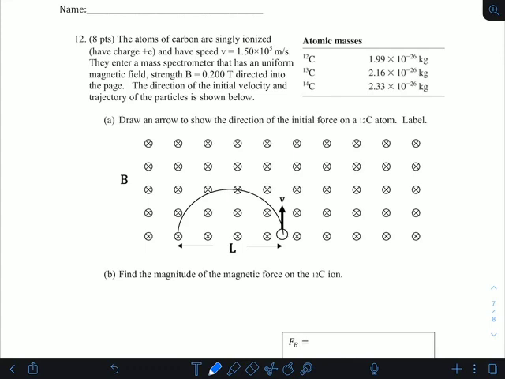In problem 12, we have particles traveling in a uniform magnetic field. And remember, when you have a velocity that is perpendicular to the magnetic field, then the motion is going to be uniform circular motion, because the force is always going to be perpendicular to both B and the velocity. So here we have carbon 12, and it has a charge of plus e.